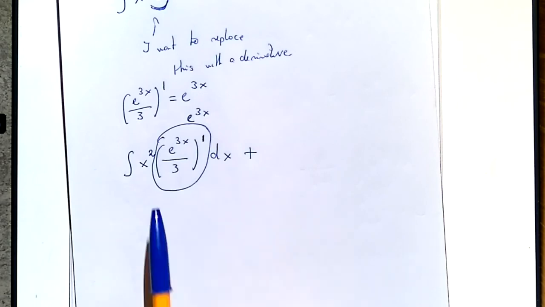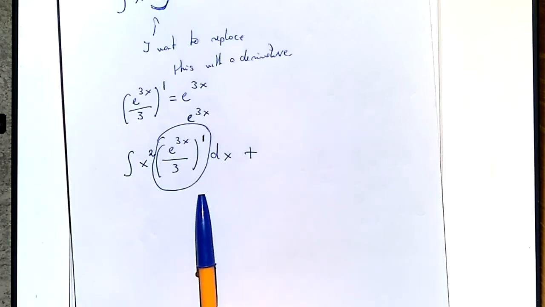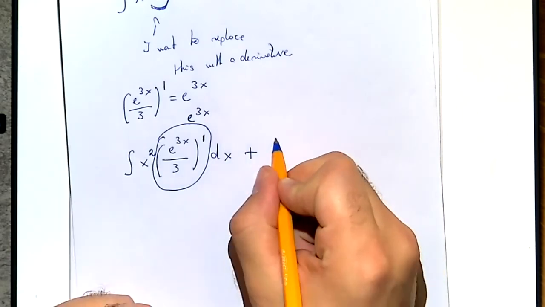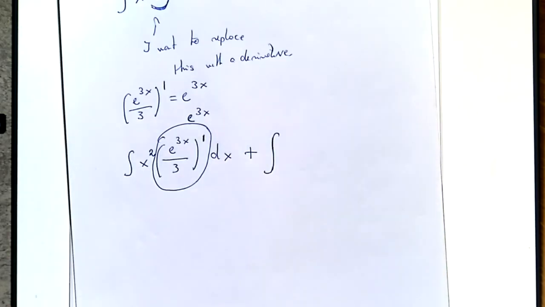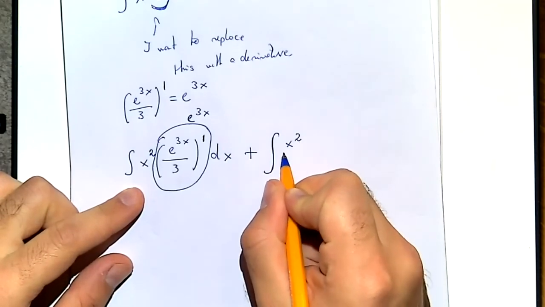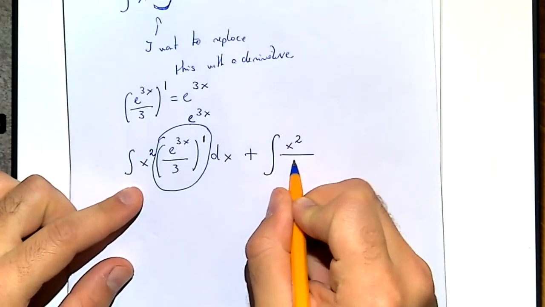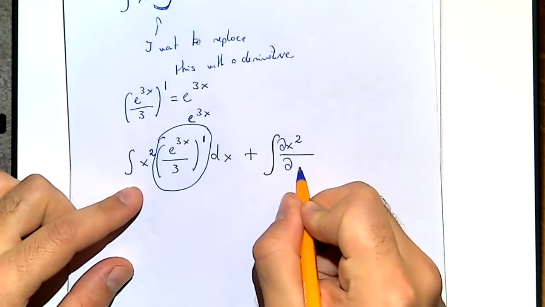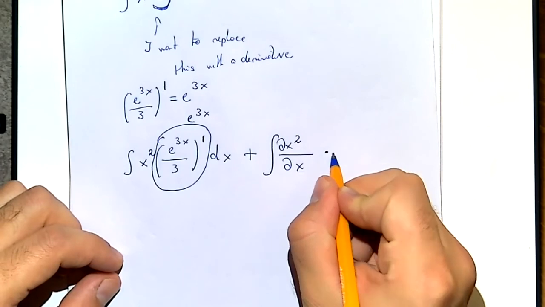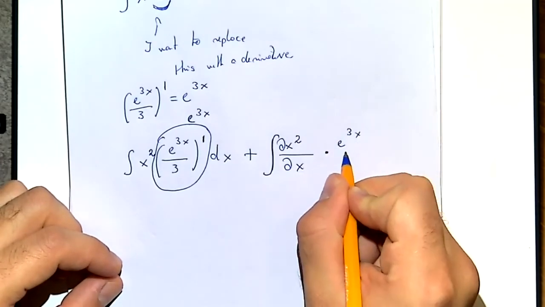I applied it, so I took the derivative of the second term. Now I have to add the integral where I take the derivative of the first term. So I add the integral of x squared derivative dx, or however you want to call it. I'll just go with this derivative. And I multiply by the term untouched.